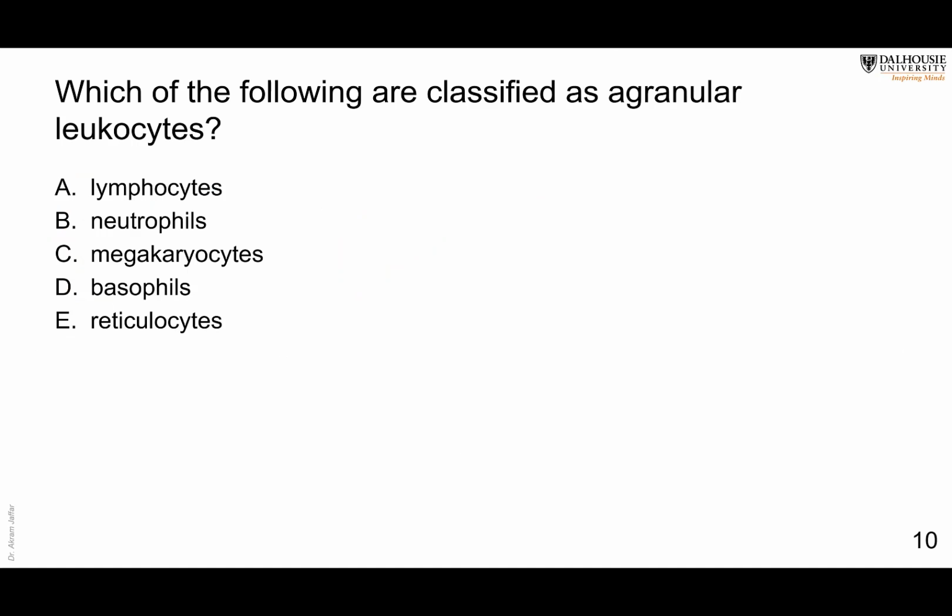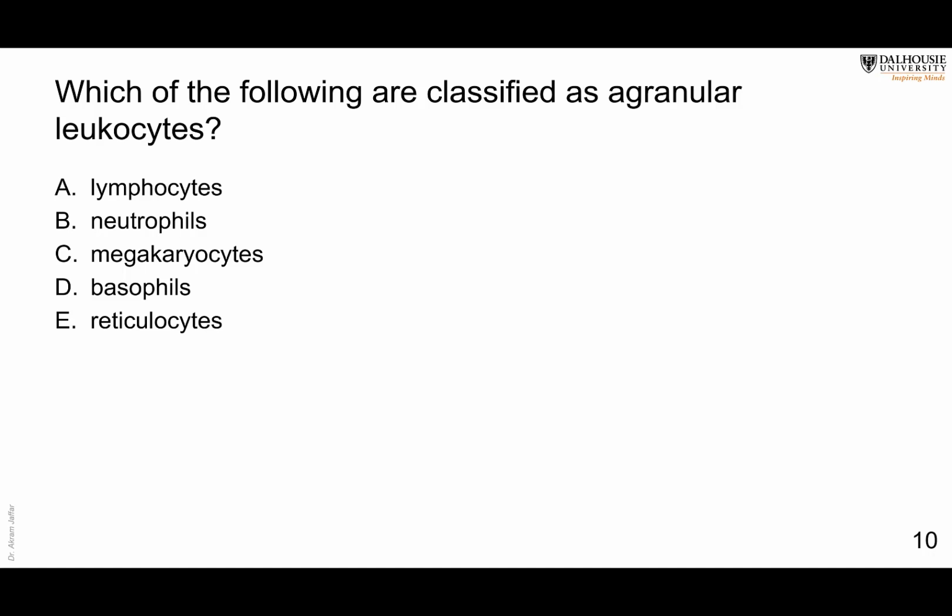Which of the following are classified as agranular leukocytes? Leukocytes are of two types. They are either granular or agranular, depending on the abundance of the granules in the cytoplasm and on the staining properties of these granules.